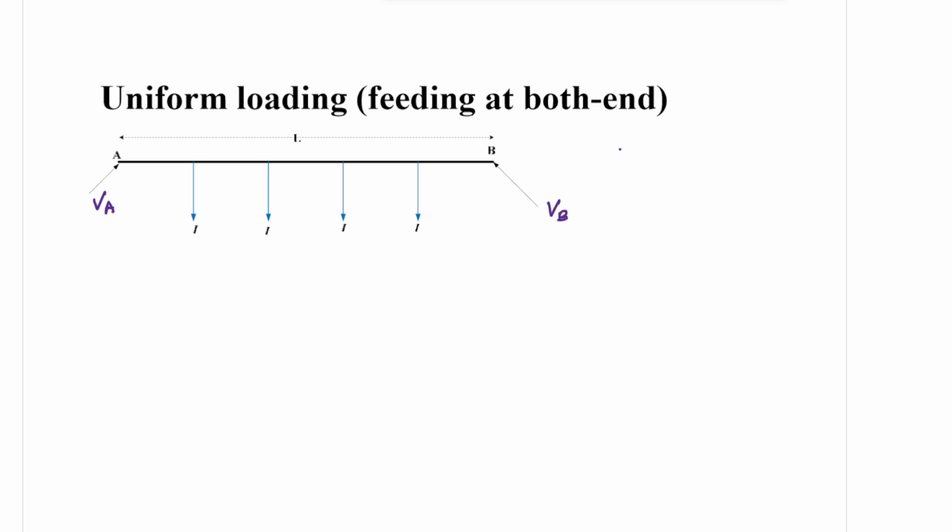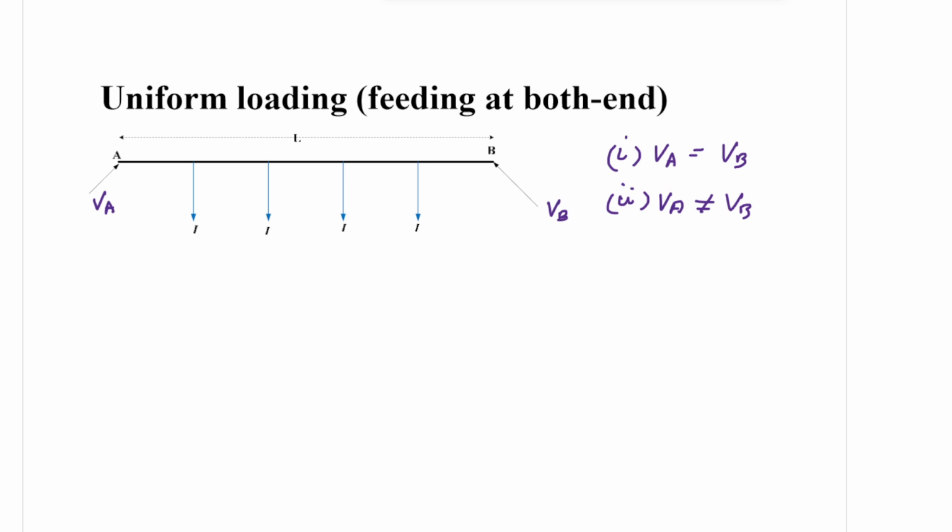Now we may have two cases. The case number 1 is VA equal to VB. Let us say we are feeding at the same voltage, and in the second case we may feed both ends at unequal voltage, VA not equal to VB. So what are those different cases?